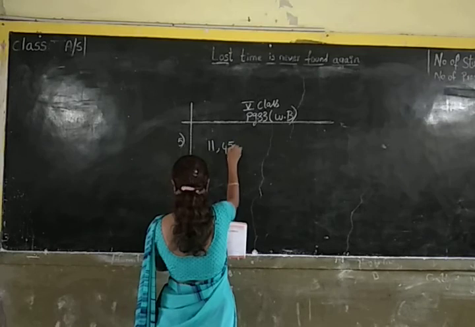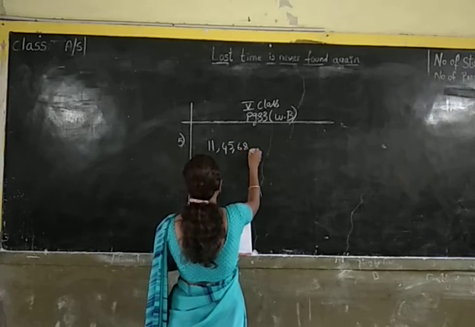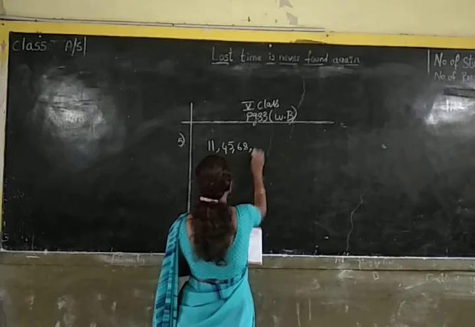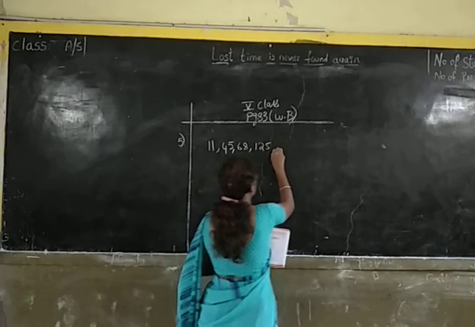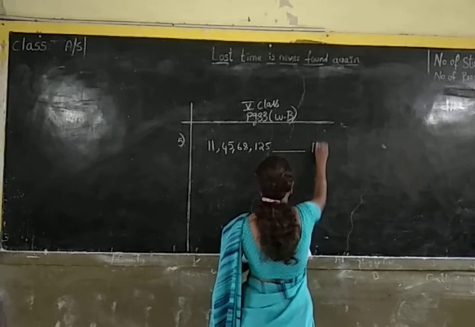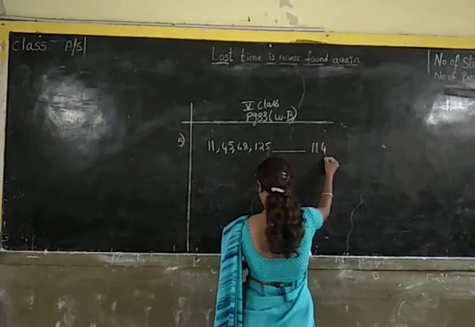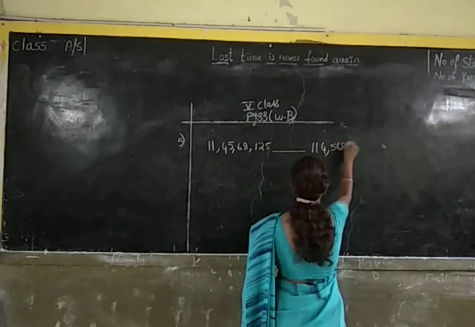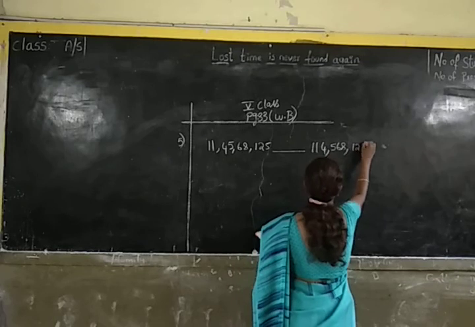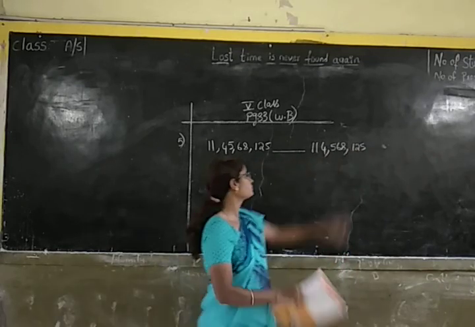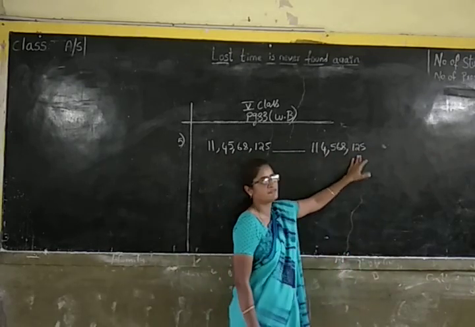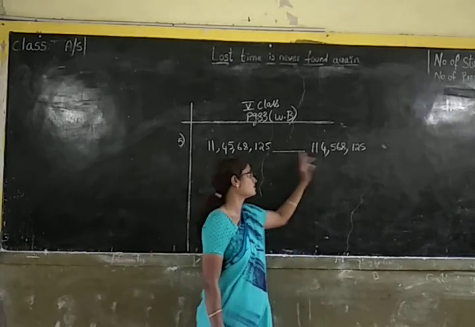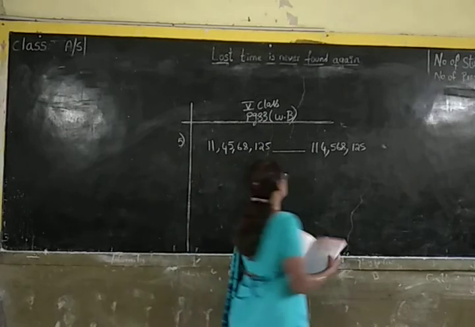11 crores 45 lakhs 68,125 and 114,568,125. This number is given in Indian system and this number is given in international system. Let us change this number to international system.